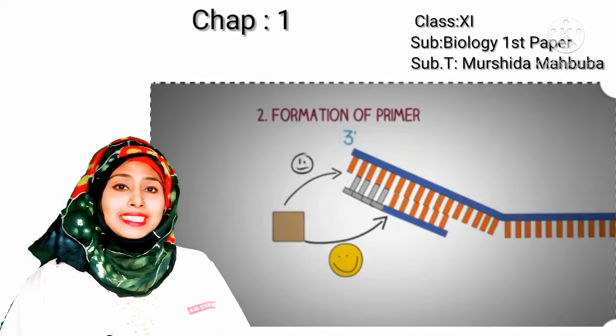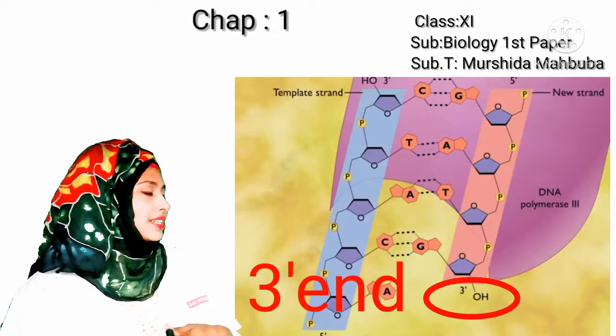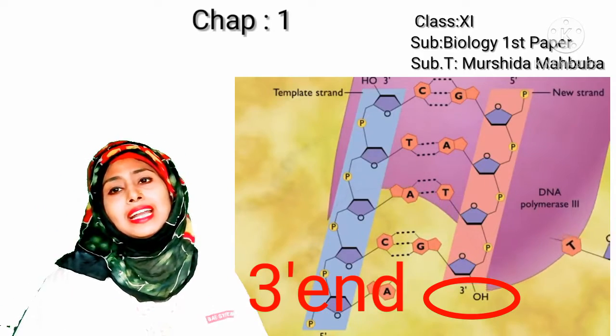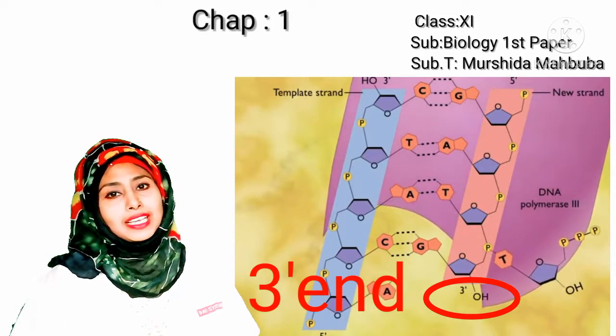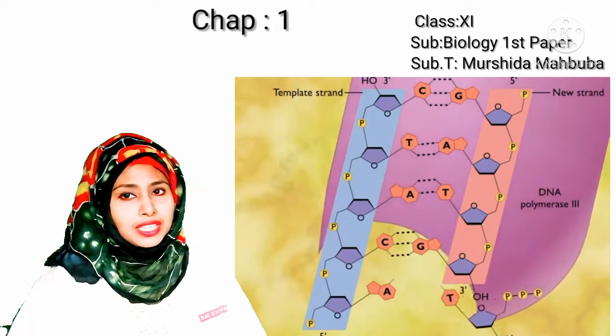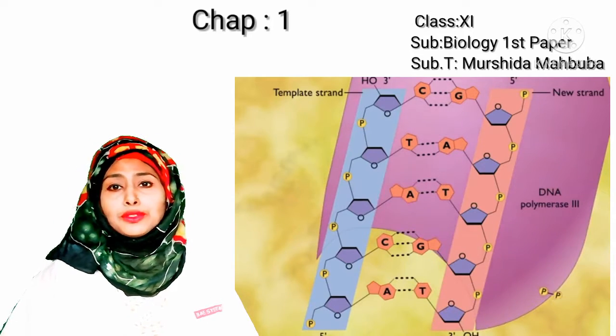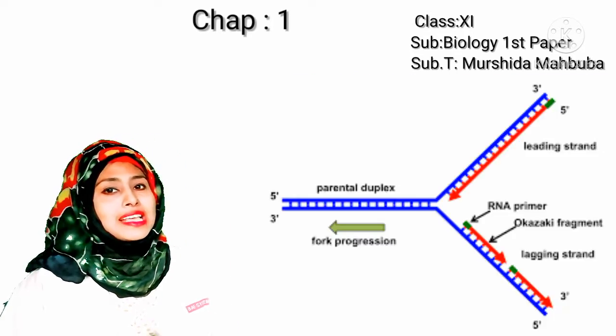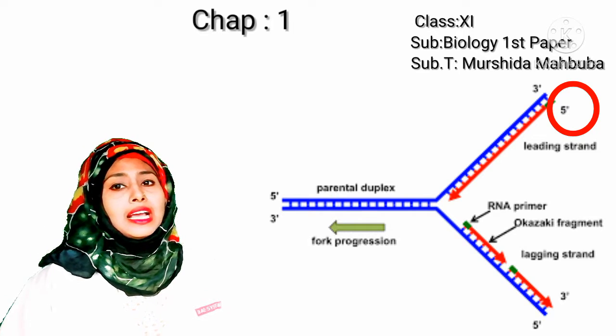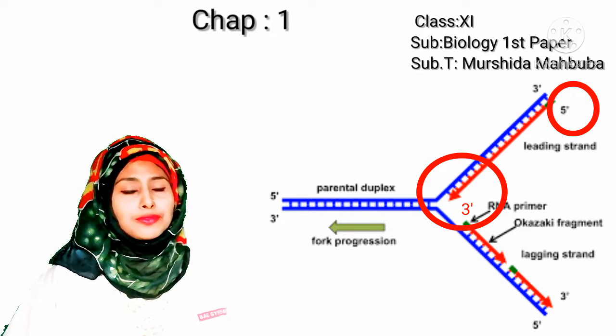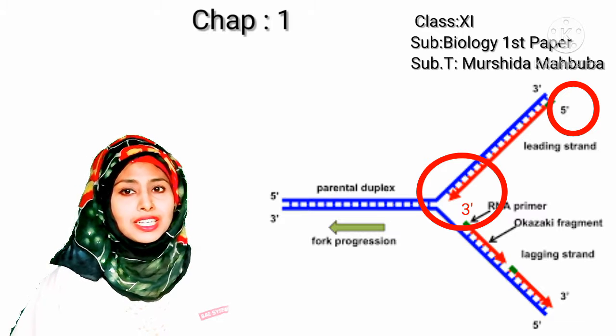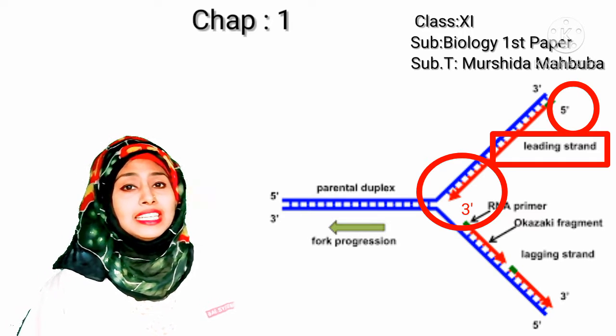DNA polymerase can only add nucleotides at the free 3' end and always forms a new DNA strand in the 5' to 3' direction only. This continuously replicated new strand is known as the leading strand.